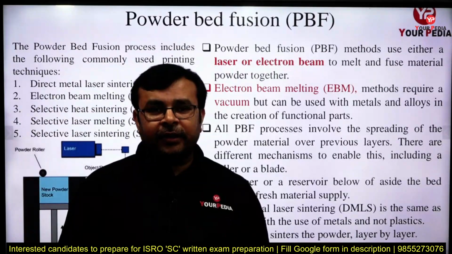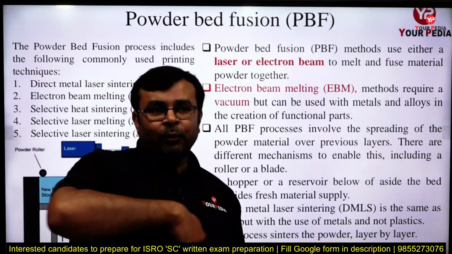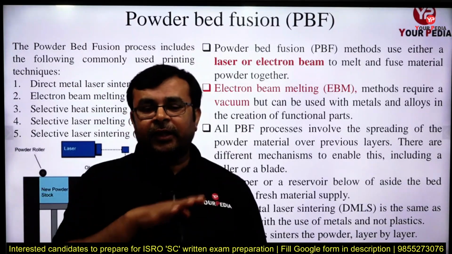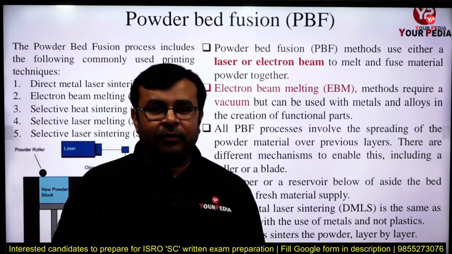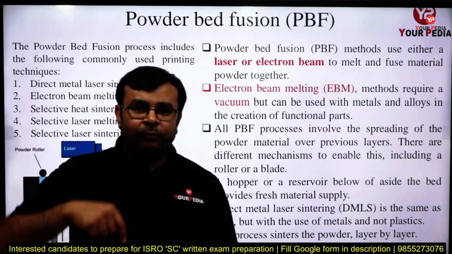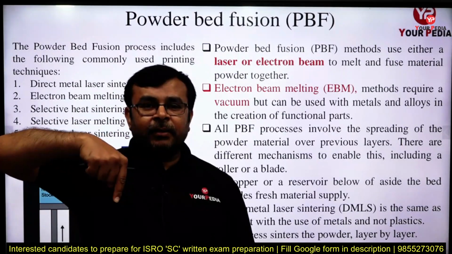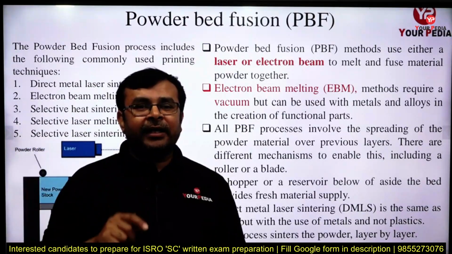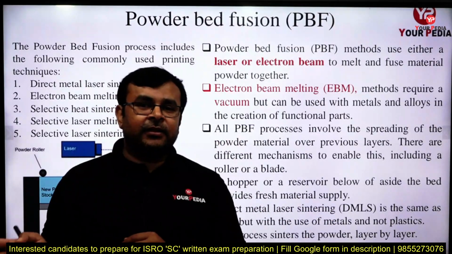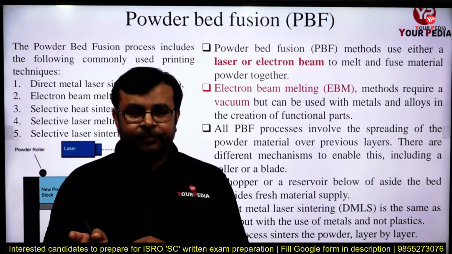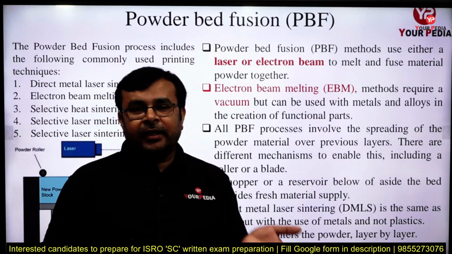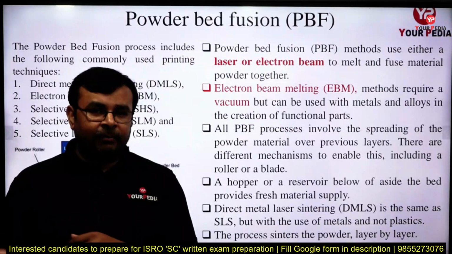So according to the requirement, your electron beam moves over the build platform, where we provide the powder, metallic powder. After providing metallic powder, when you pass the electron beam, by the utilization of that heat, the powder gets either sintered or melted. If it is melted, then this is called electron beam melting, and if it gets sintered, then this is called the electron beam sintering process, not melting.